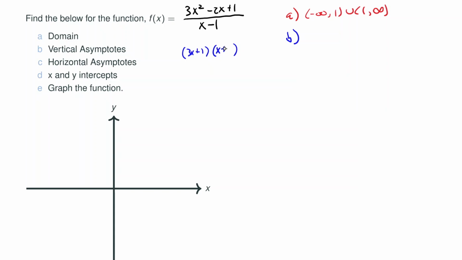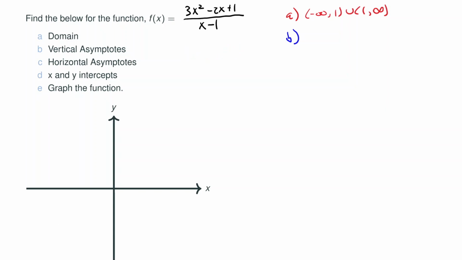Actually, if we do plus 1 and minus 1, I don't think it's factorable. Let me try again, though. Plus 1 and minus 1. It doesn't work, because then we have two positive 1s here, but positive 1 times negative 1 gives us negative 1. So this is actually not factorable, which is fine, okay?